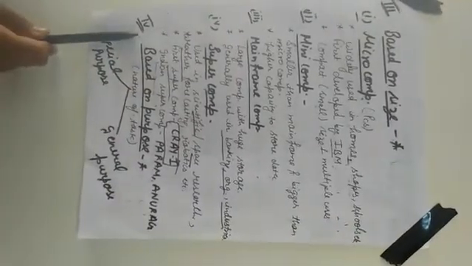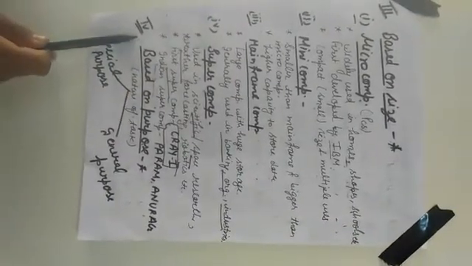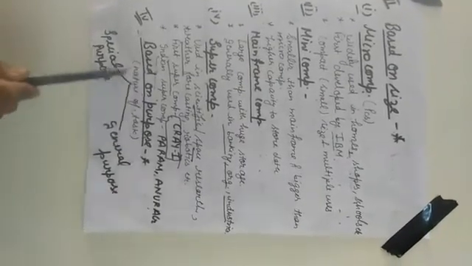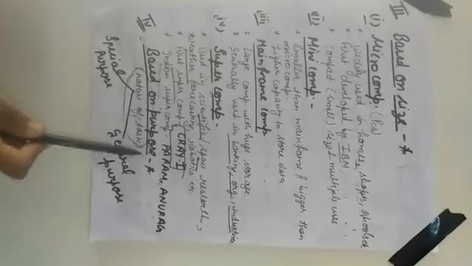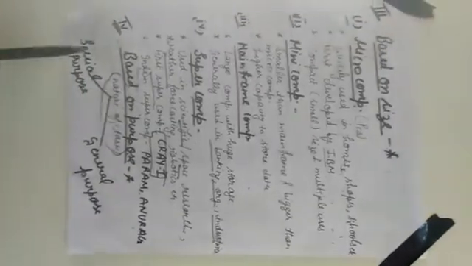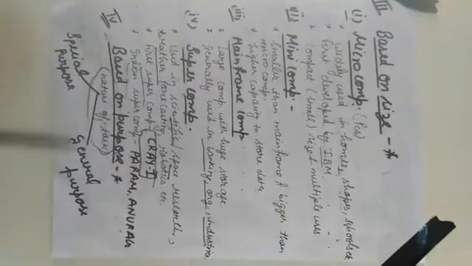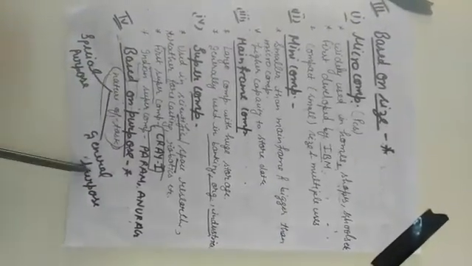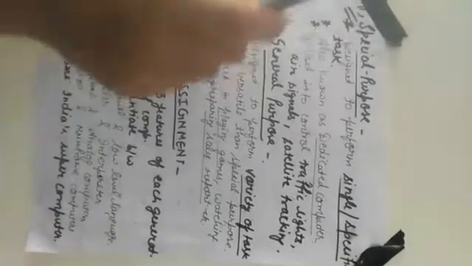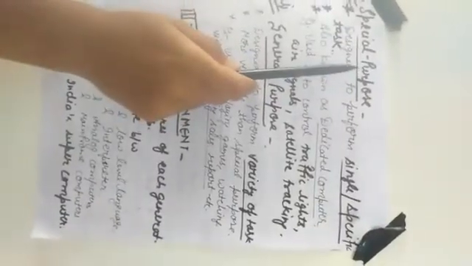Now the fourth part we will discuss is based on purpose. Purpose means based on the nature of the task, how they work. They are categorized into two categories: special purpose and general purpose computers. Number one is the special purpose computer.